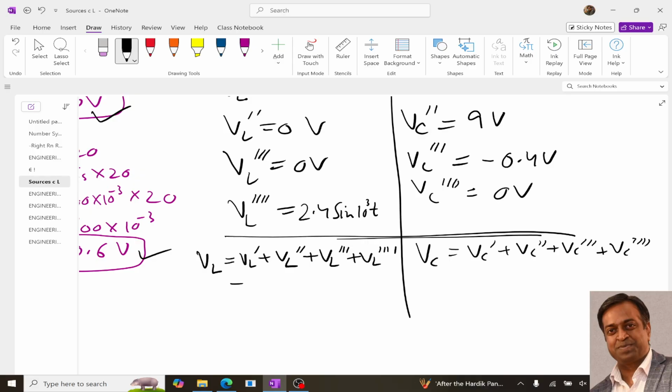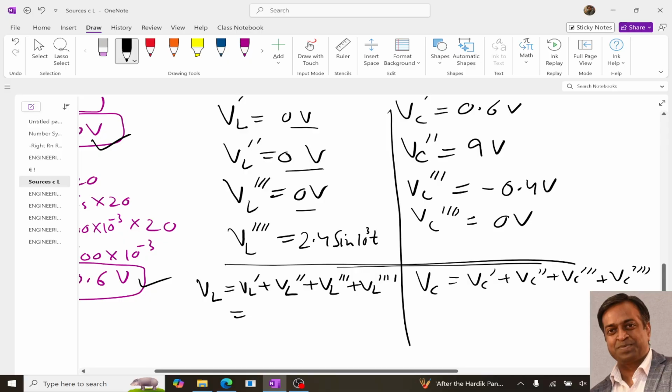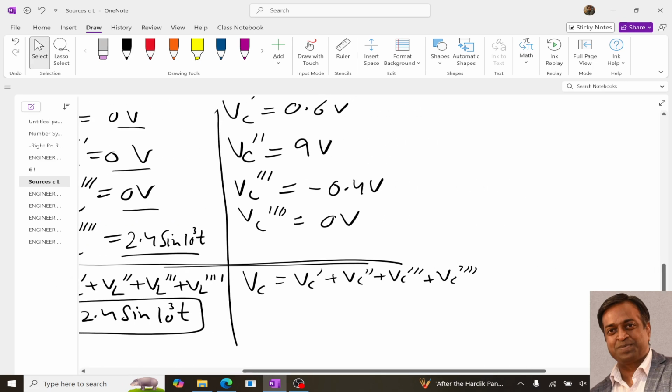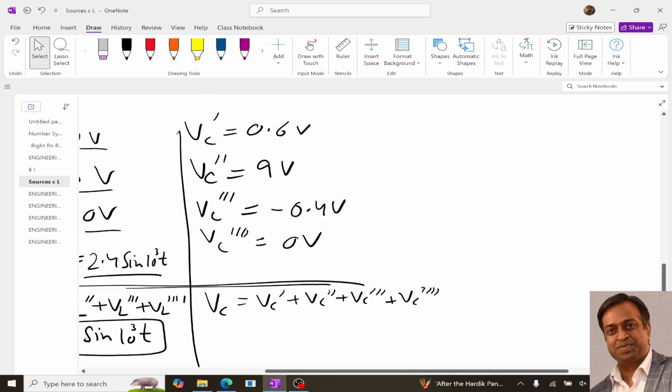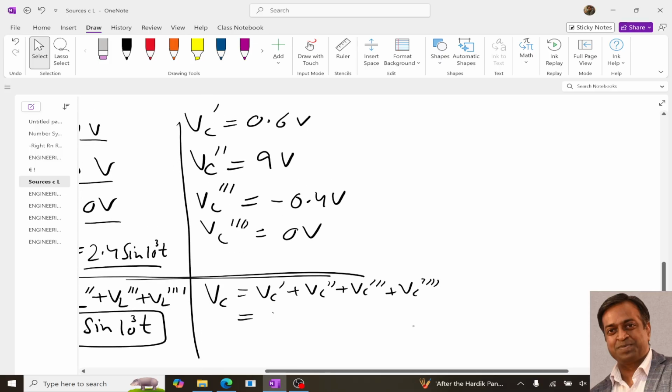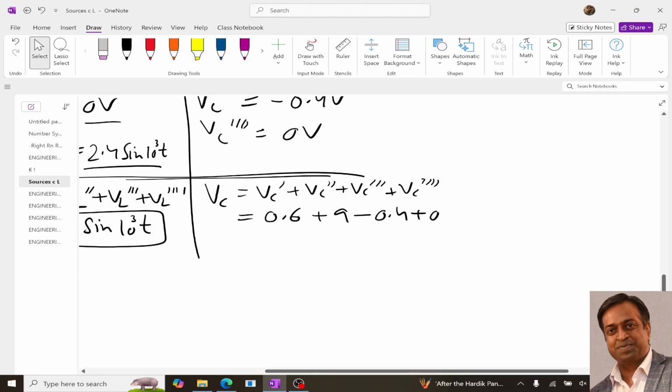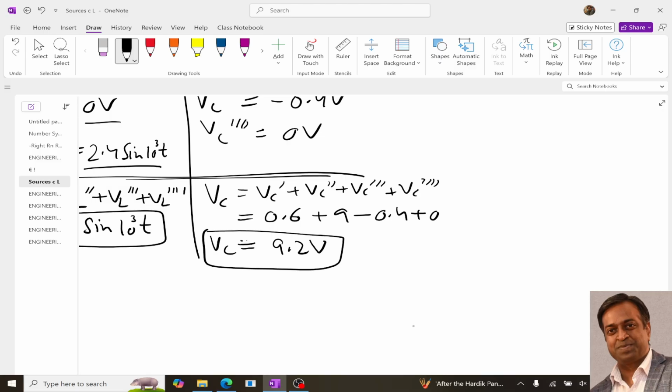So now substituting the values, we have 0, 0, 0 and this, so overall VL will be 2.4 sine 10 power 3 t, whereas our VC will be 0.6 plus 9 minus 0.4 plus 0, so I get 9.2 volt. VC is 9.2 volt, right?